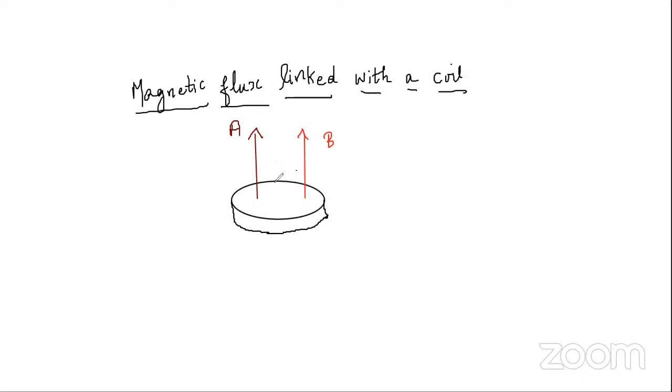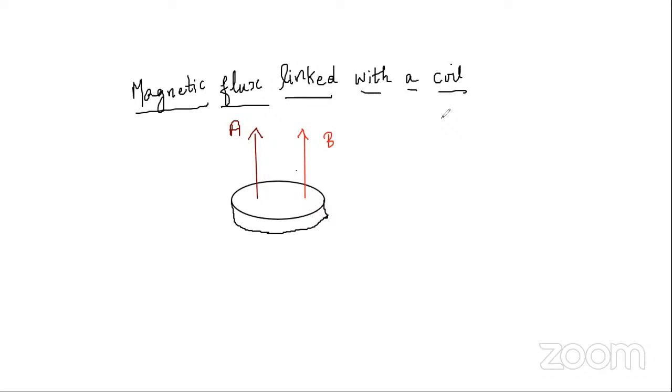So here, if I want to calculate the magnetic flux associated with this plane coil having area A, and if it is having n number of turns, then what is the equation for that magnetic flux? I think we discussed the equation in our last class.